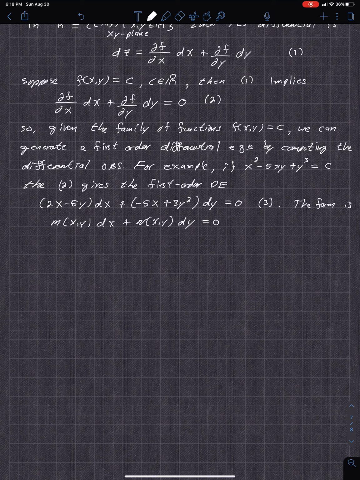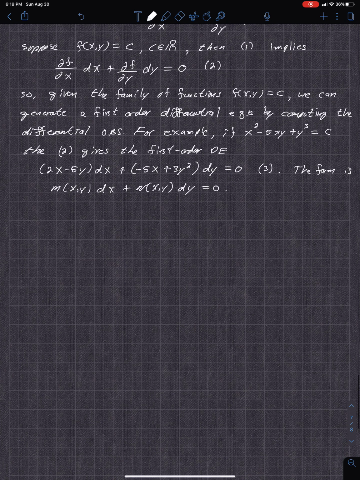So that's where the term comes from. This is exact, meaning exactly the form of a differential.